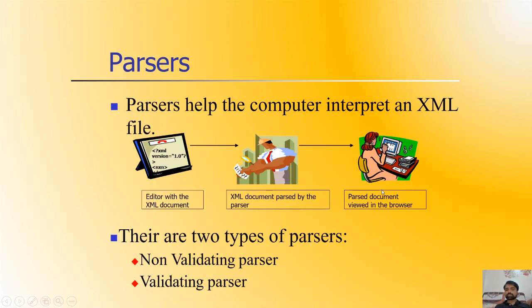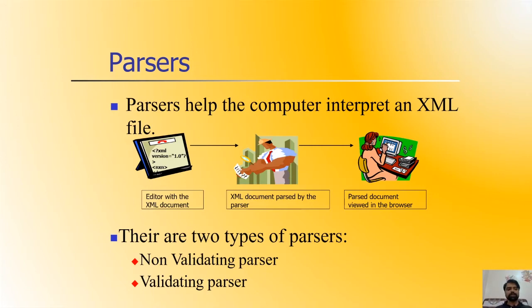There are two different types of parsers. The non-validating parser does not validate the document, whereas the validating parser validates the document, checking the XML document for validity.